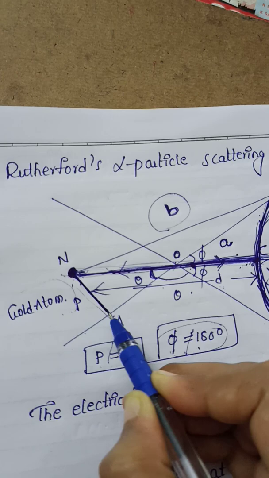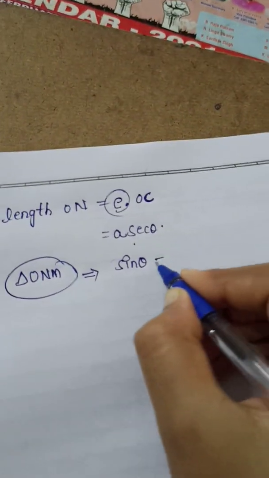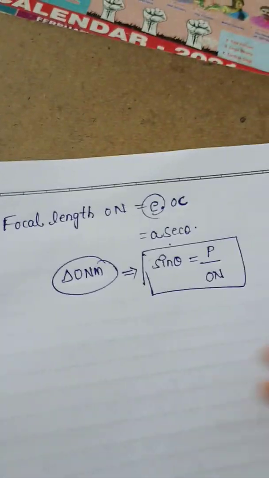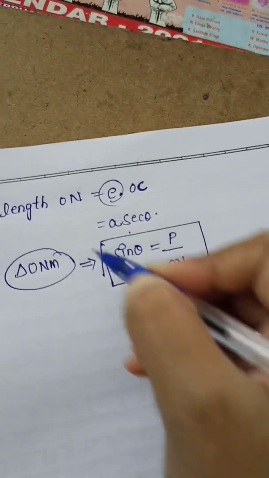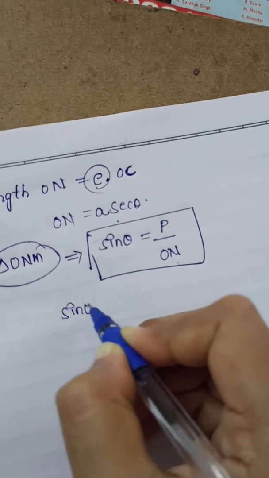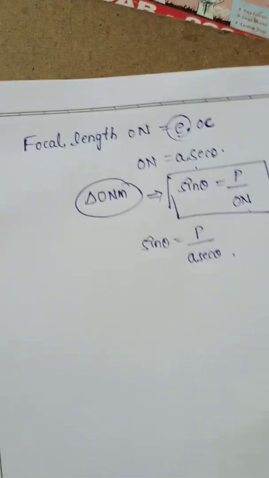Sin theta is equal to p by ON, opposite side by hypotenuse. So take the value of ON and substitute in this equation. Sin theta is equal to p by a sec theta.